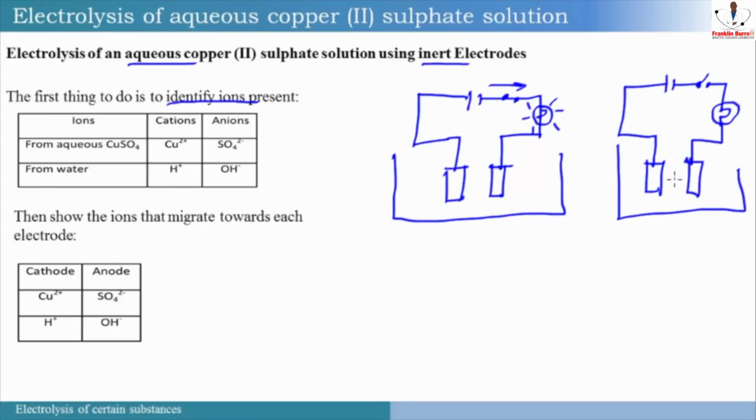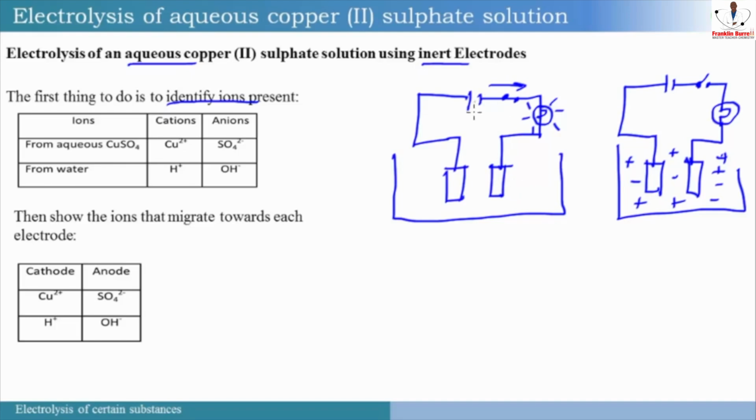So in this case, our ions, being positive and negative ions, are floating about our cell, moving around. But when you turn on the switch, the ions would move towards a particular electrode depending on the type of ion. That is migration.